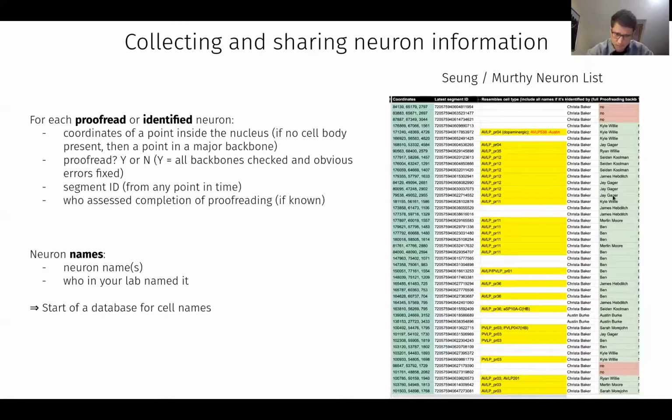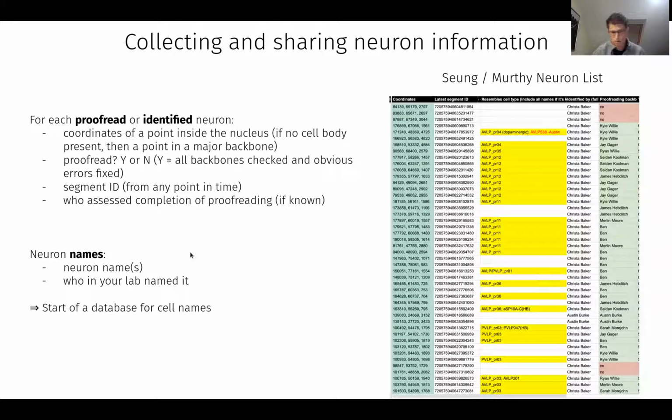And what we are now collecting is essentially that kind of information. Coordinates are the best way to unambiguously say what neuron is actually meant with an annotation. Further, of course, if it has been proofread, a segment ID, if available, and also to assign credit to who would actually assess the proofreading.